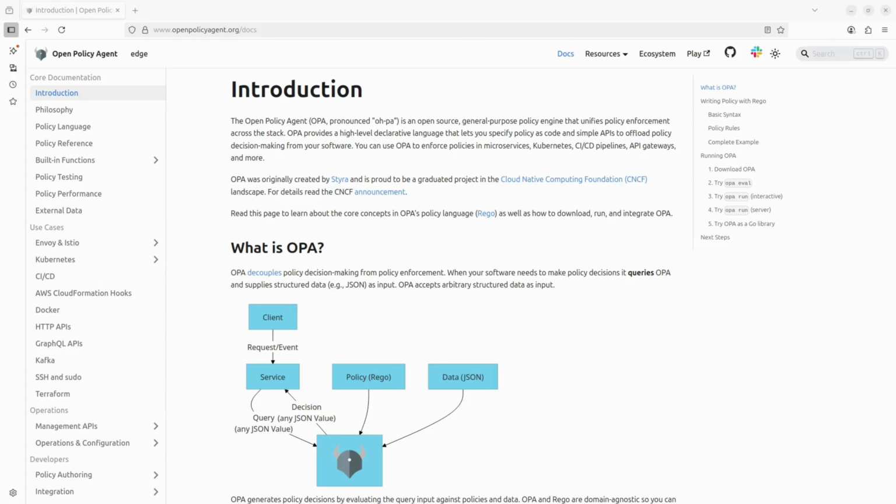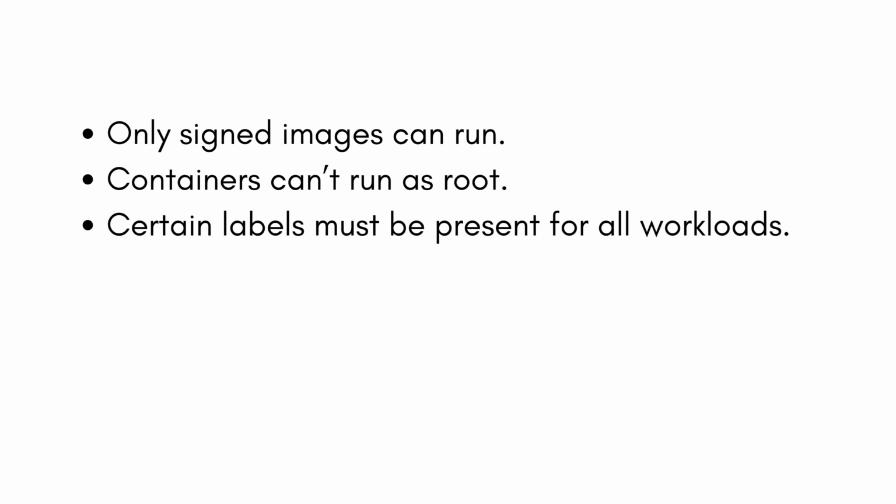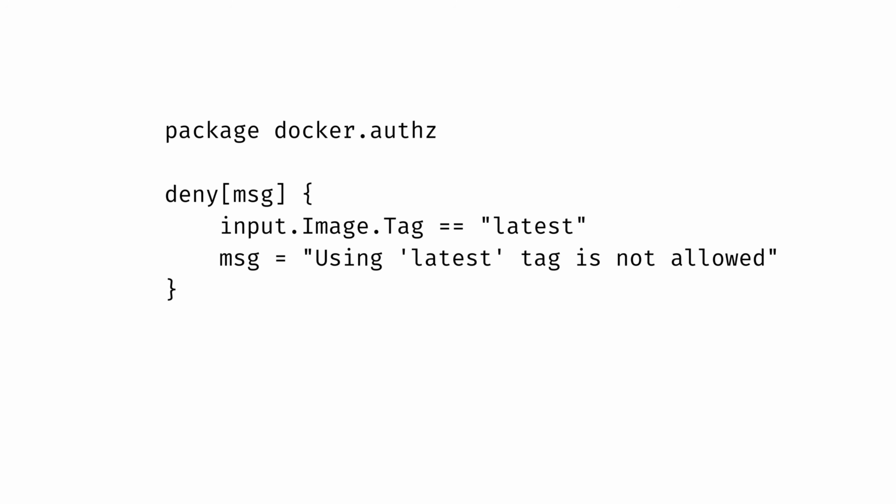For example, you can enforce that only signed images can run, or that containers can't run as root, or that certain labels must be present for all workloads. This is an example of a Rego snippet for denying latest tags. OPA works alongside Docker authorization plugins, intercepting API requests before they execute. This is enterprise-grade governance for your containers.